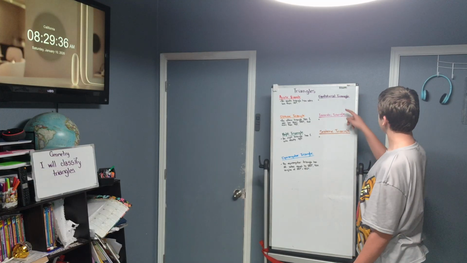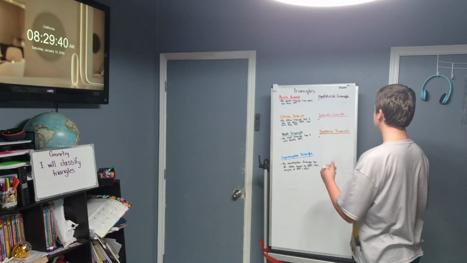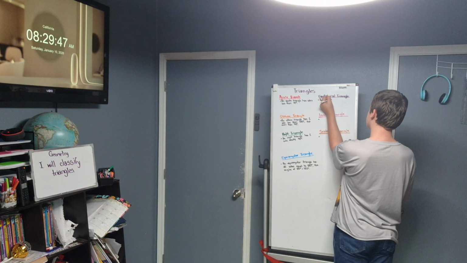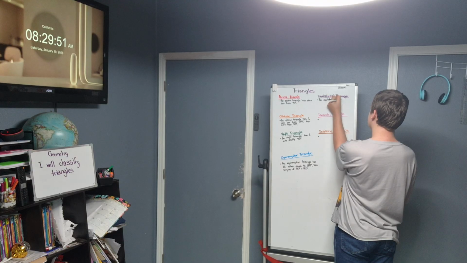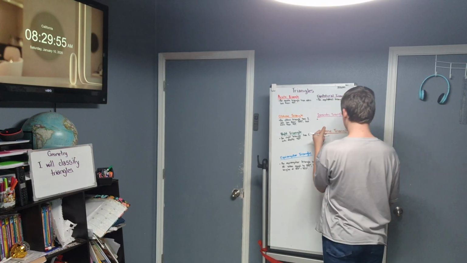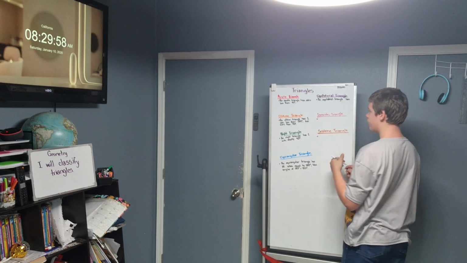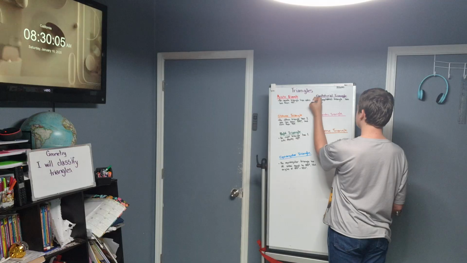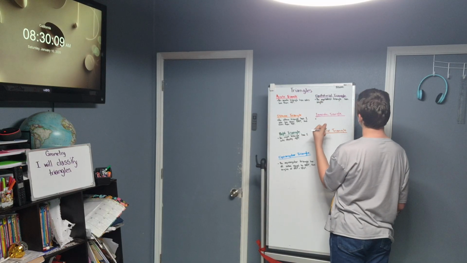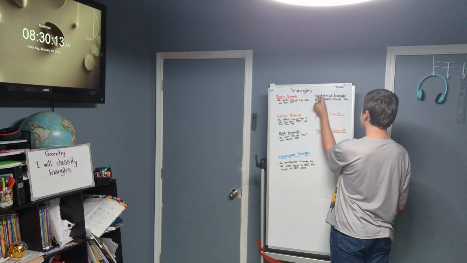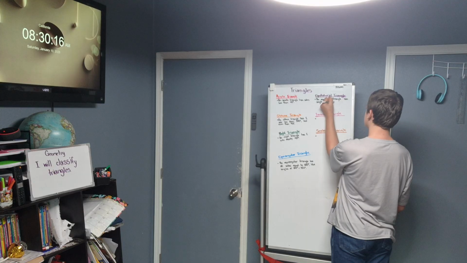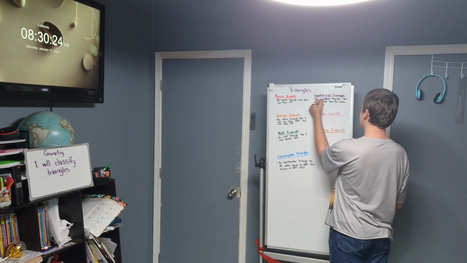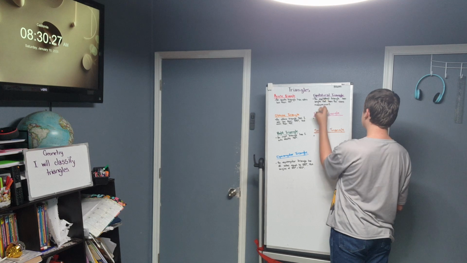So, an equilateral triangle has angles that have the same measurement. Okay.